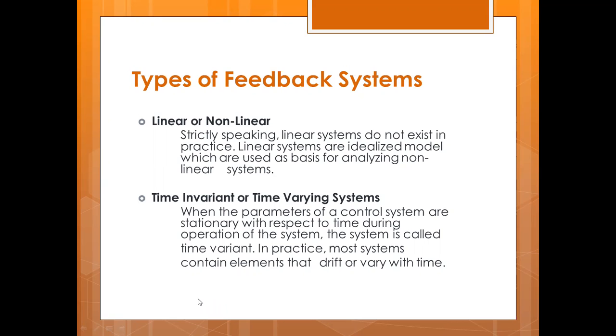In practice, most systems contain elements that drift or vary with time. So in the real industry setting, there is no such thing as a time invariant system wherein process variables remain constant over long periods of time. They will always have, after some time, a drifting or a varying in their values.